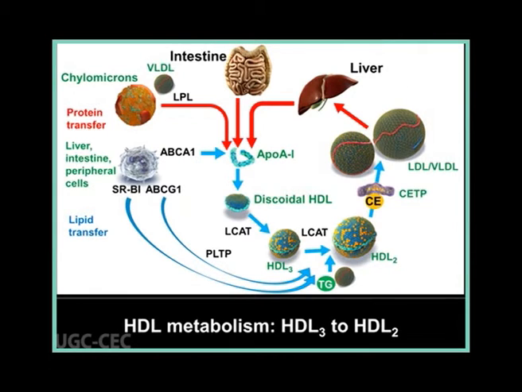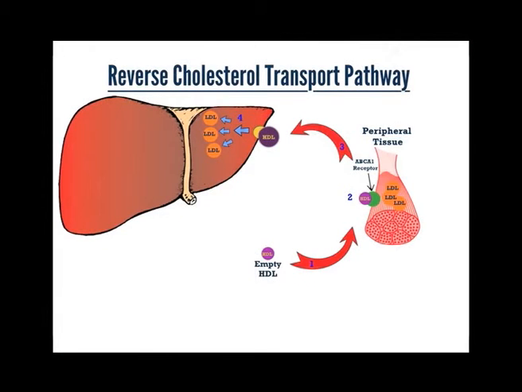In the tissues, on the other hand, SRB1 mediates the acceptance of cholesterol effluxed from the cells by HDL, which then transports it to the liver for excretion via the bile in the process known as reverse cholesterol transport.